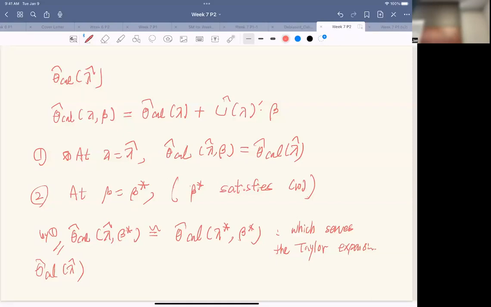By 2, you have this equivalent. So that means you have this equivalent, which is the Taylor expansion, right? This equivalence is actually a Taylor expansion of theta hat cal lambda hat.